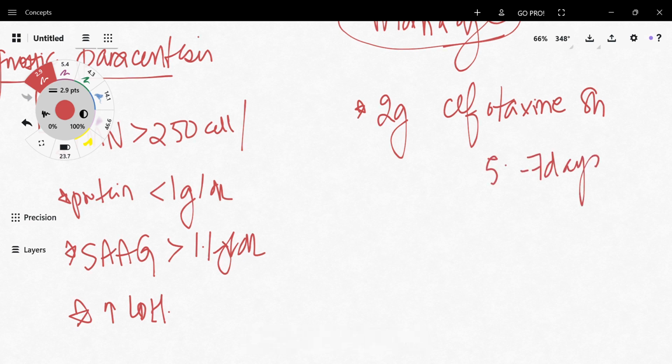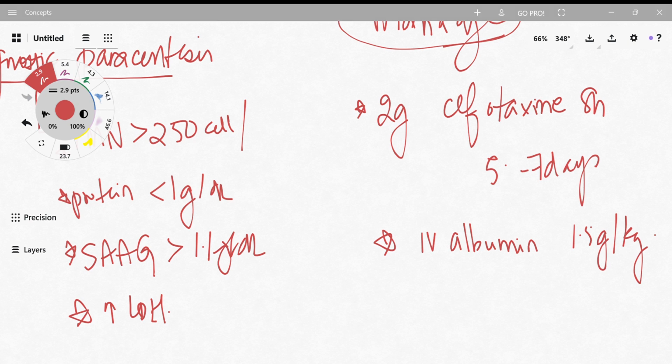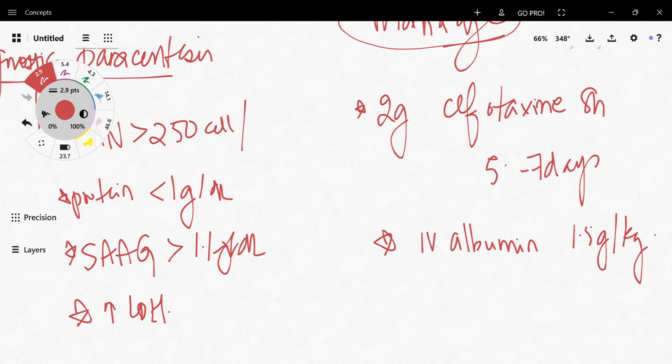And you want to give them IV albumin. I believe it was 1.5 grams per kg. Let me just, yeah, 1.5 grams per kg of IV albumin.